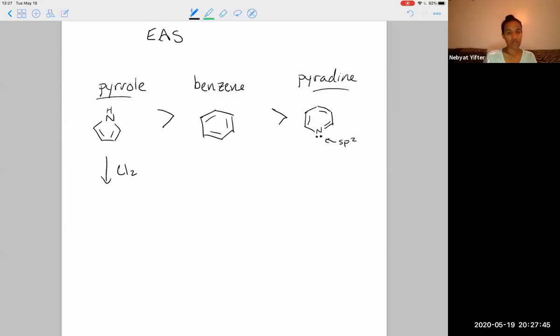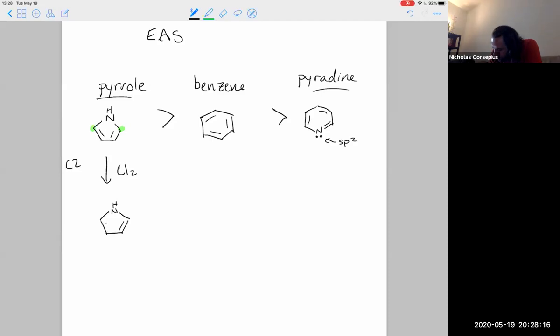On the meta. Yeah, well, you've got to watch out, right? We can't say ortho, para, meta anymore with 5-membered rings. It's only something that really works with 6-membered rings. What you need to remember is C2, the carbon directly adjacent to that heteroatom, is where that incoming substituent is going to go. Okay?